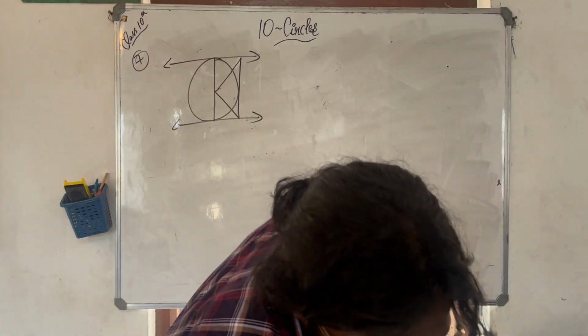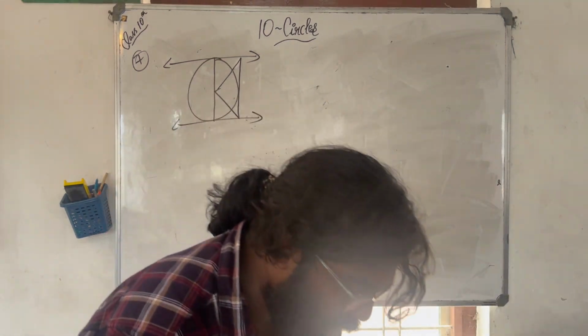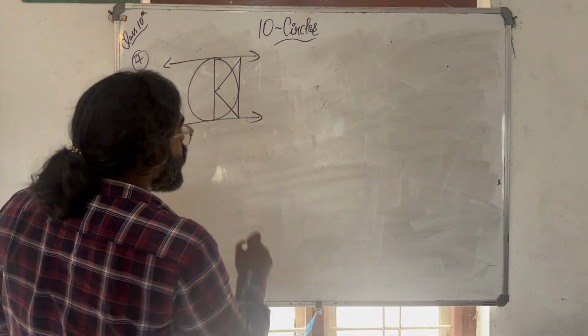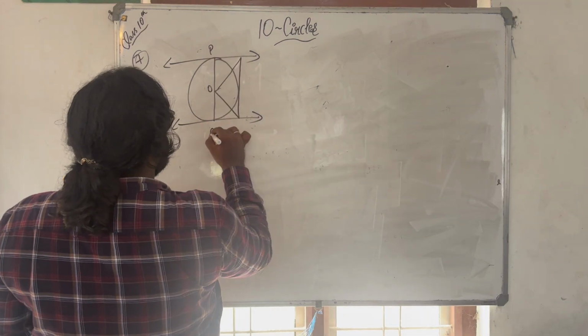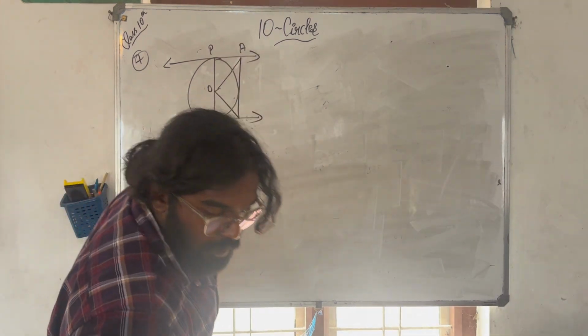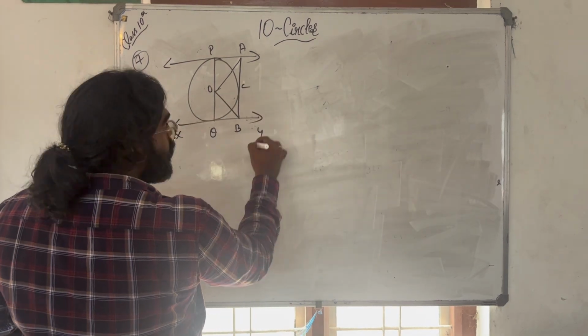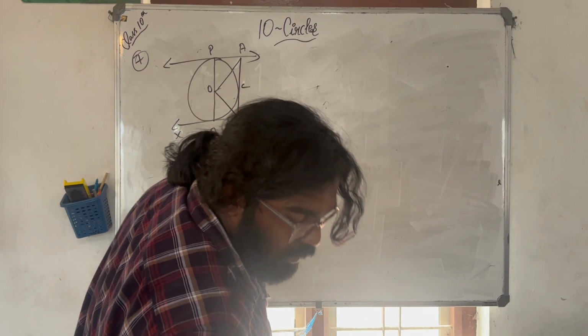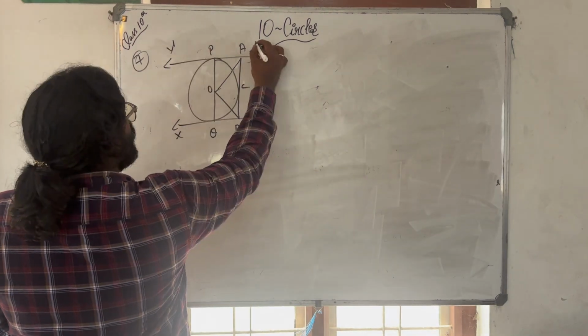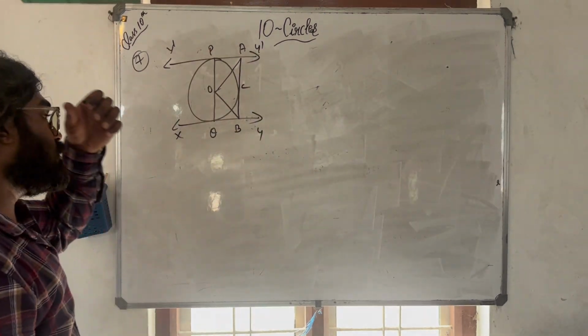And we have POQ, A, B, C, XY, X dash, Y dash. So this is the question, right?